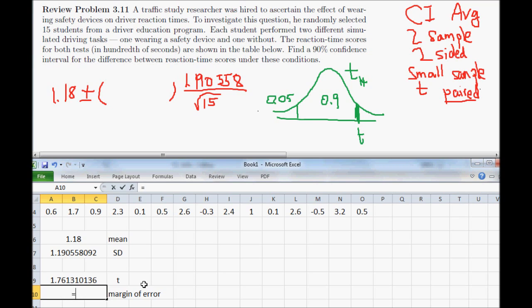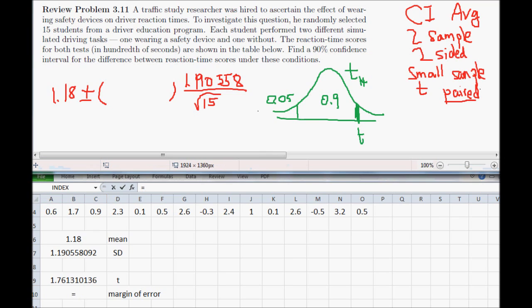And so the margin of error will be equal to, let me write that down on the top first, 1.76131. The margin of error will be the product of these things.